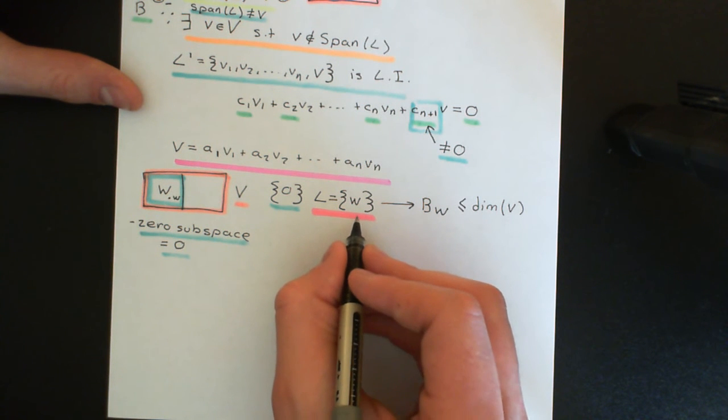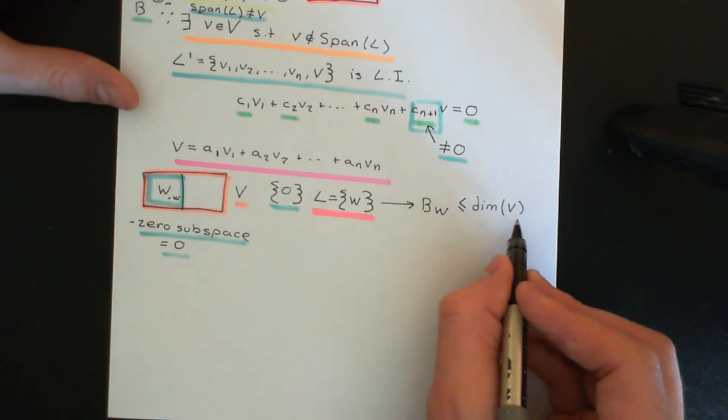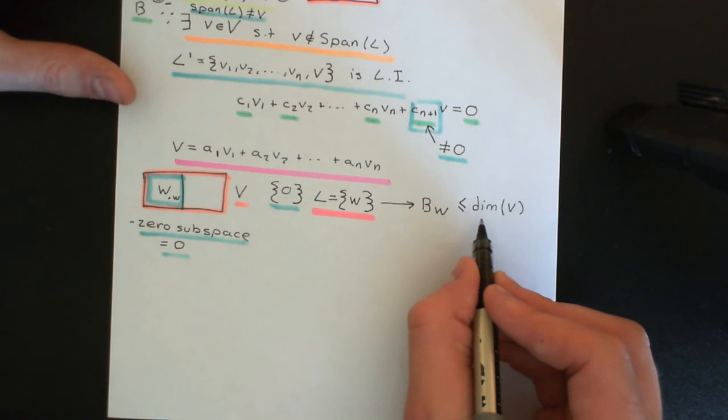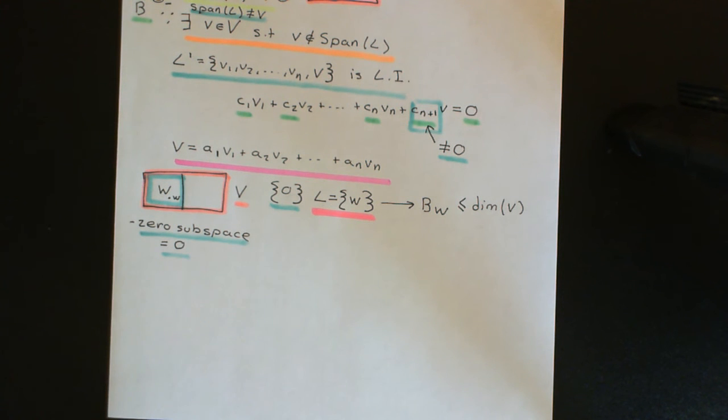I will end up getting to an end at some point, and it will have to be before the dimension of V, or at the very latest at the dimension of V. So I hope you understand that argument.